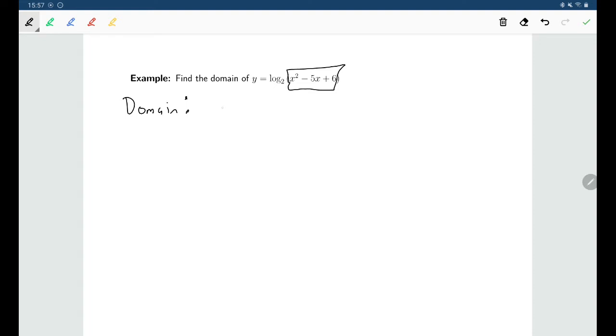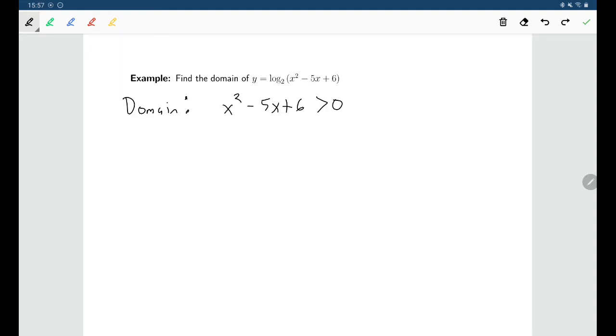So for the domain, this x squared minus 5x plus 6 needs to be strictly greater than 0. Because of course the domain for a logarithmic expression log base a of x is that the inside, x, needs to be greater than 0. So for a logarithmic function where the inside is not just x but some function of x, that function of x needs to be larger than 0.